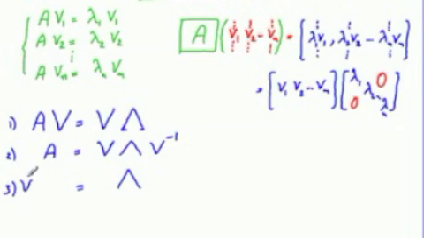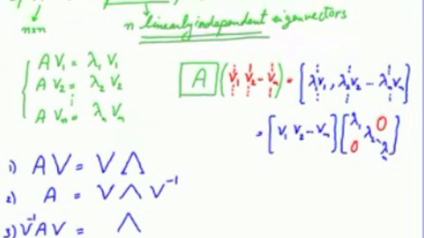Exactly. So this is V inverse AV. And the way these are written is extremely important. You can't mess with them. It's not open to discussion. You have to multiply by a V inverse on the left of this. And that cancels this V inverse. So you have three versions of this.